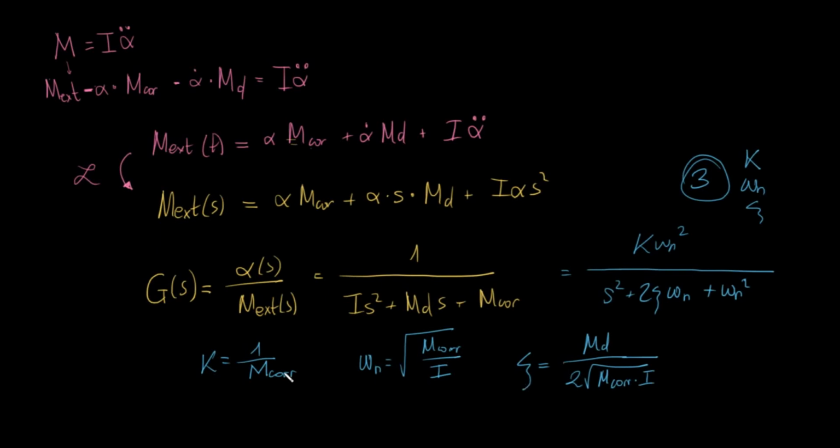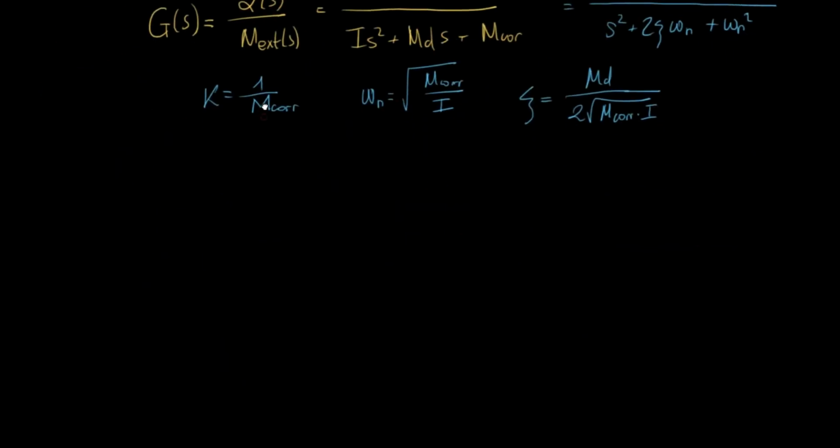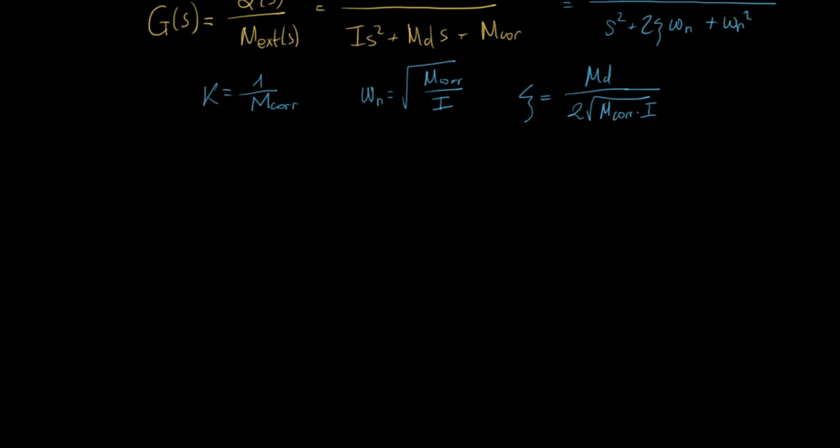This means if we know these 3 variables for our rocket, we can perfectly describe how it's going to oscillate, how the stability is going to be, for any kind of input. So, for example, if this is a rocket.